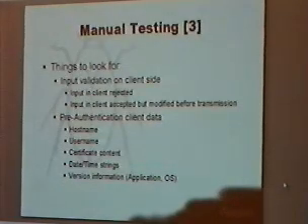Things to look for. Input validation on the client side. Very common thing. You see that by input in the client rejected without having any network communication taking place, or you have input that's in the client and is modified before sent over.